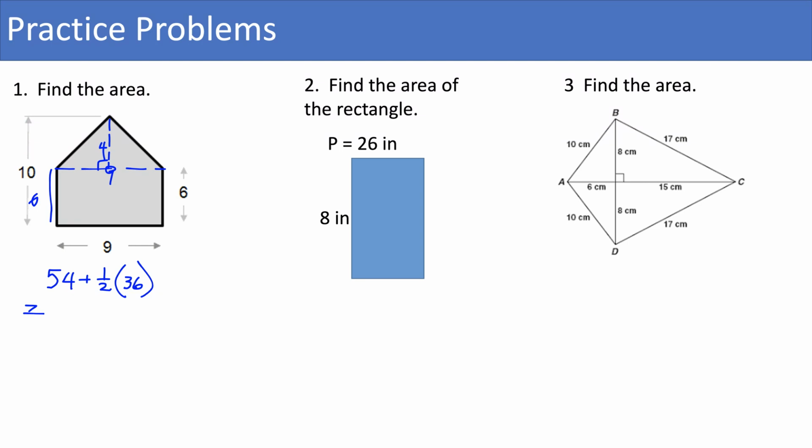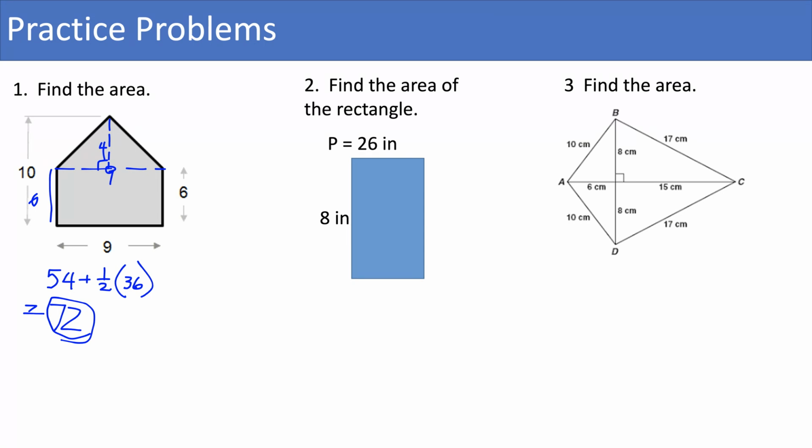Okay, I'm using my calculator just to double check. 18 plus 54, I'm going to have that as 72. Now, I don't have the unit, so I'm just going to leave it. If you want to write units squared, that's really up to you, but you don't need to, but you can.